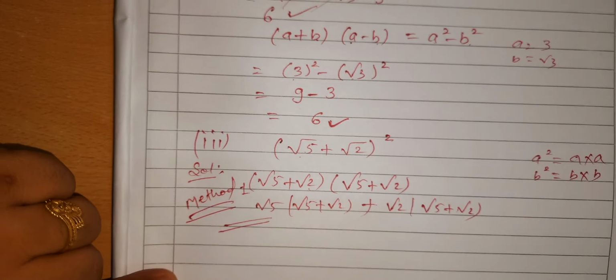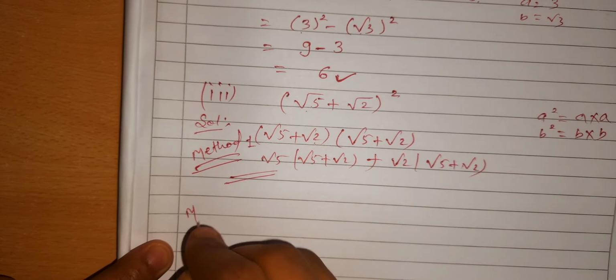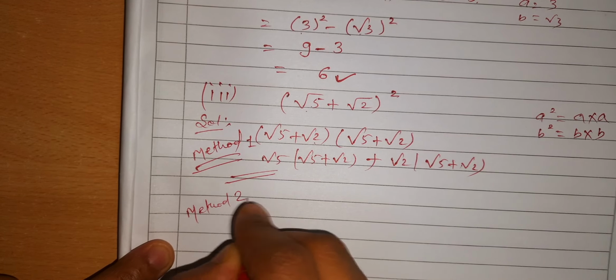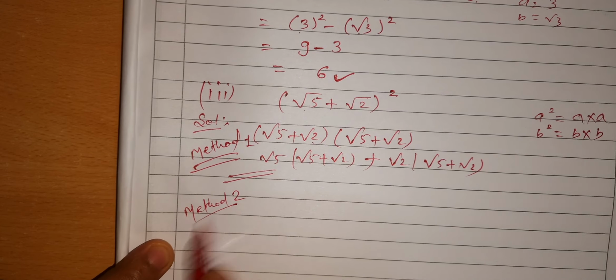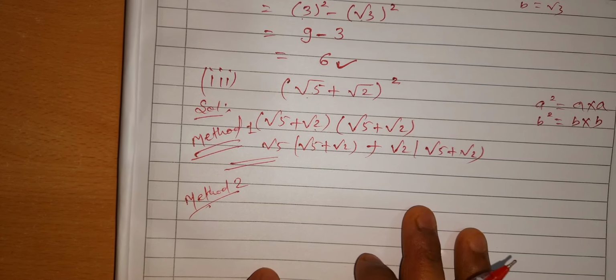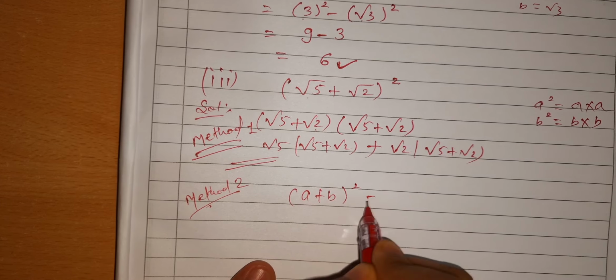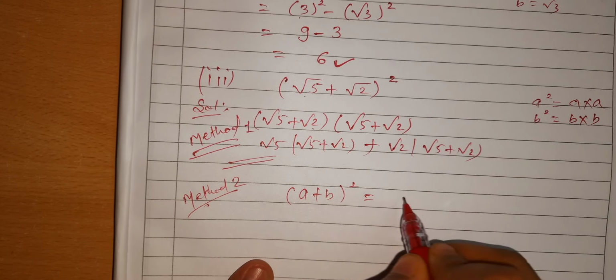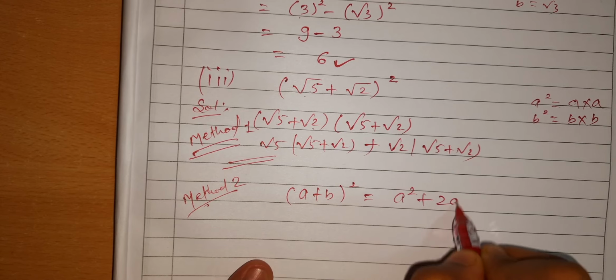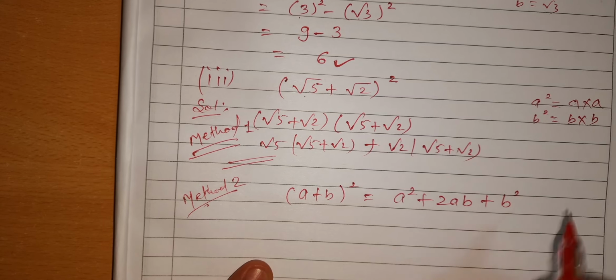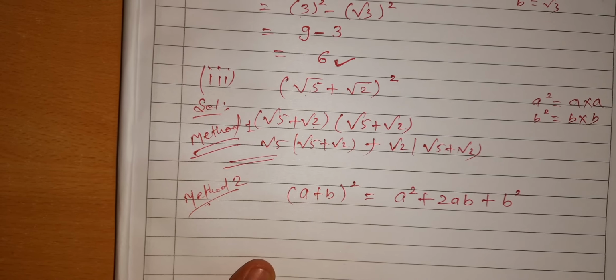Method 1. And the second method, you can use the first method or the second method, which is nothing but the identity. This is the same as a plus b the whole square, which is equal to a square plus 2ab plus b square. Right?